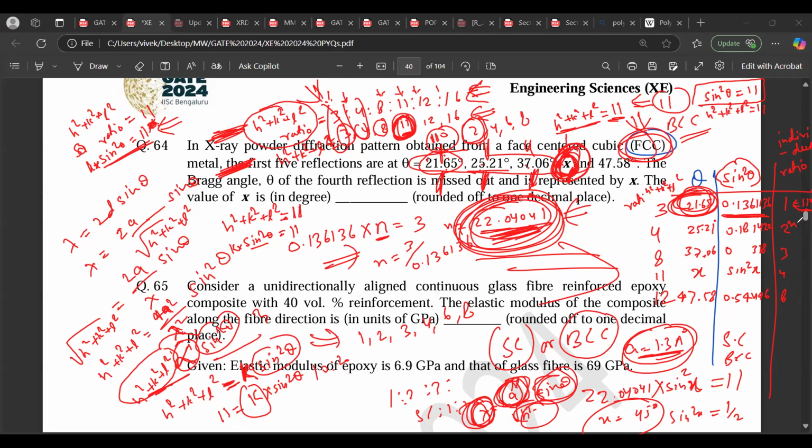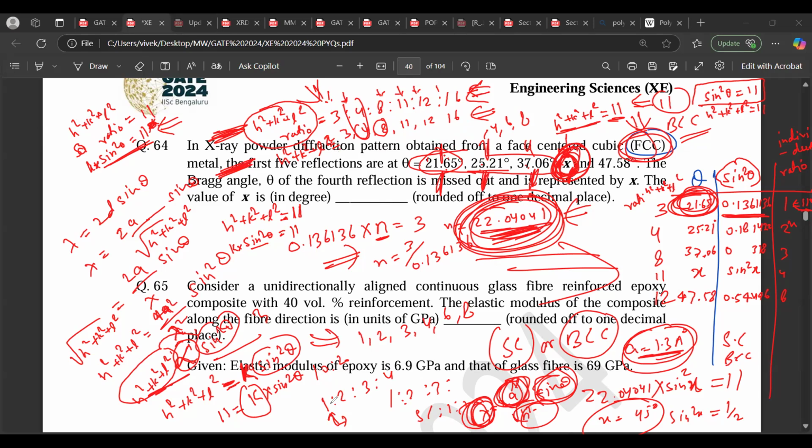But for the case of FCC, the ratio is the individual number. See, your ratio is 3:4:8:11, and the individual number is also. What does that mean? For example, in a simple cubic, the ratio is 1:2:3:4, and from this you cannot find out HKL.